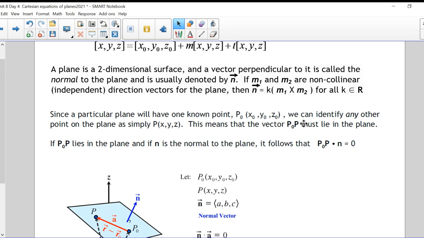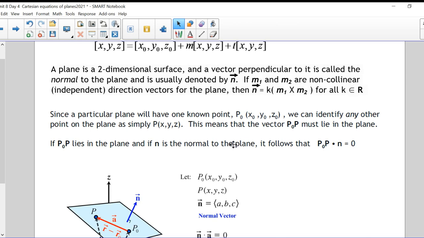Then we can find any other point on that plane in a generic way by taking the P0 to P vector. What I mean by that is taking the vector from that point to just a generic x, y, and z, and then generating an equation from that. Hopefully that will make sense to you as we go through this.